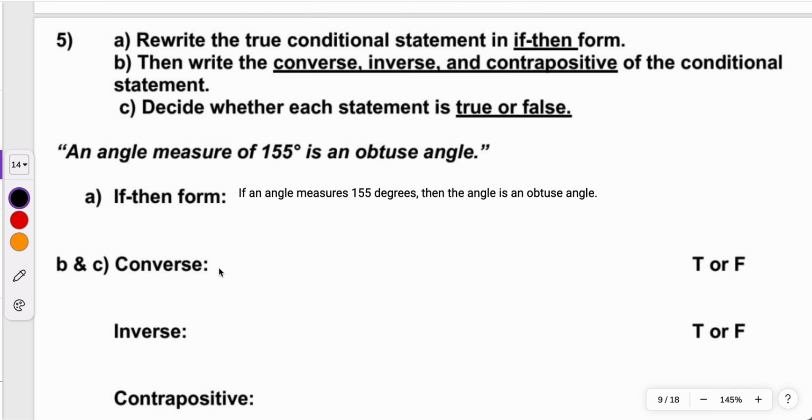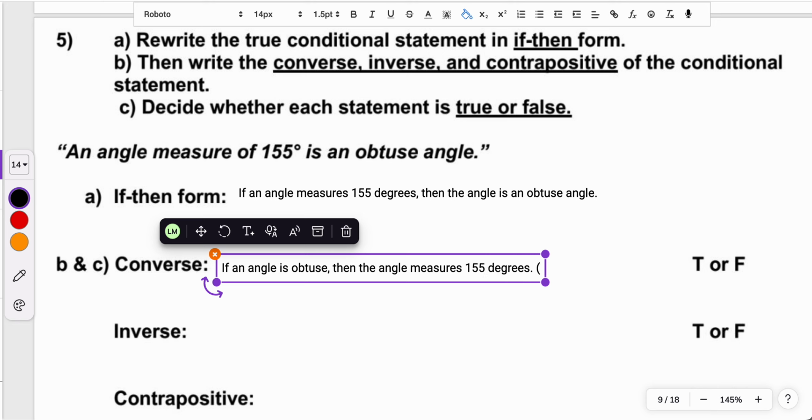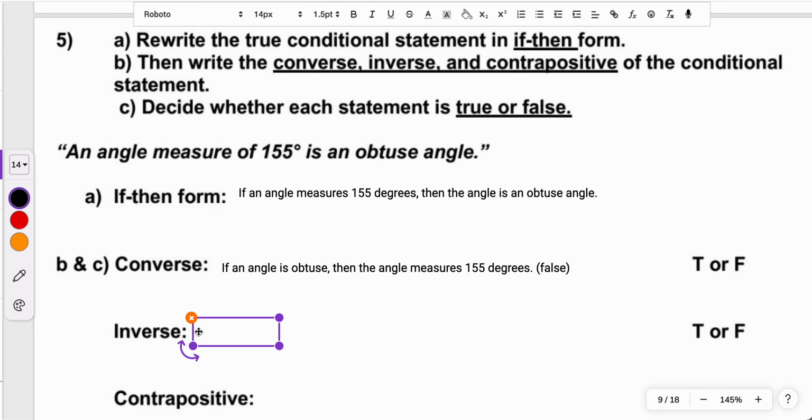Okay, so now let's put it in the converse. That's Q then P. So if an angle is obtuse, then the angle measures 155 degrees. This would be considered false because sometimes you can have an obtuse angle that's 156 degrees or 142 degrees. The inverse would just be the negation of the conditional.